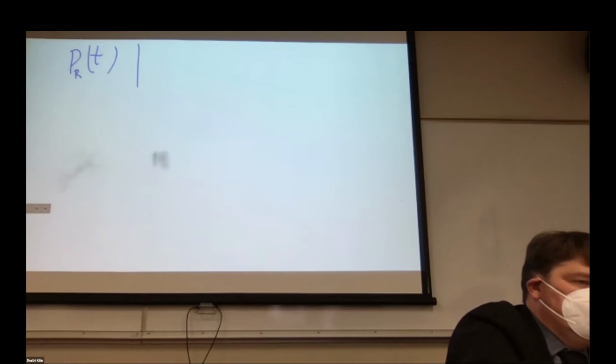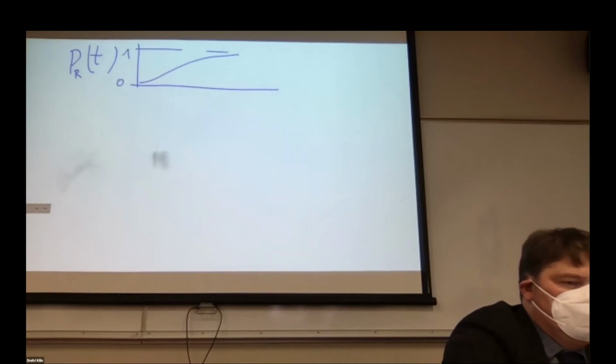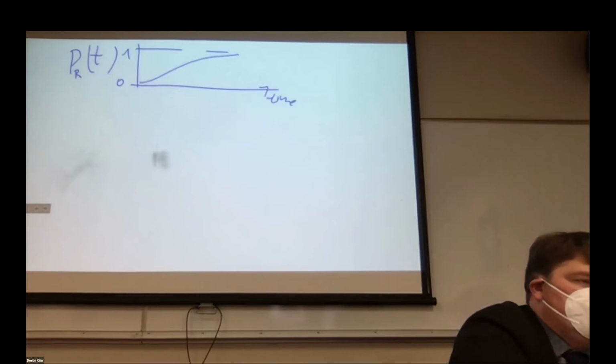So if you have this population of the reactant as a function of time, which goes from 0 to 1, one needs to find a rate.